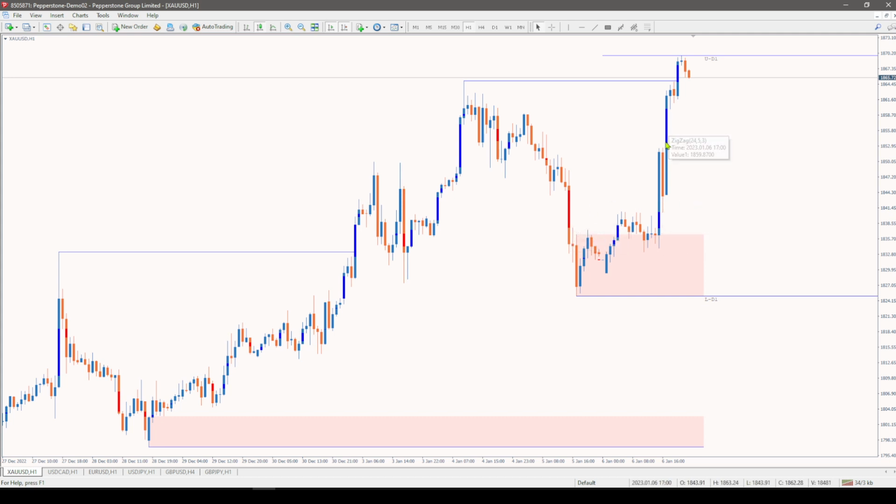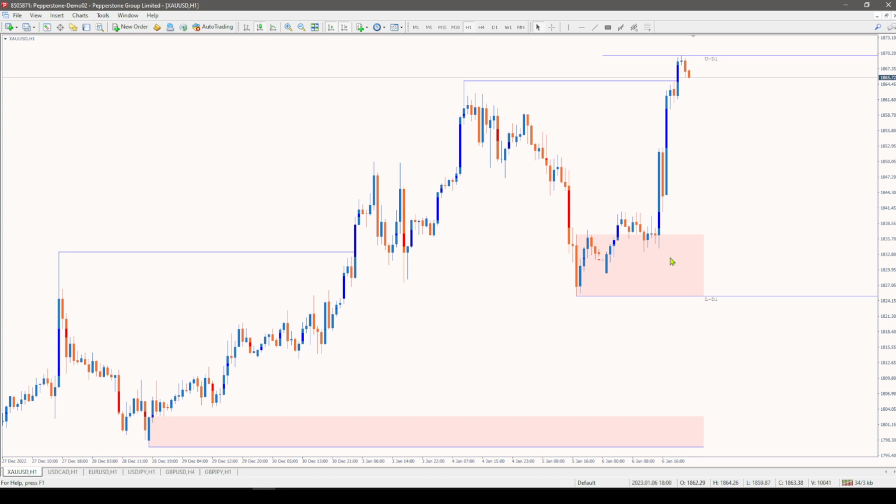This is the imbalance color, and you can change this color for bullish and bearish. By default, blue is for a bullish candle and red for a bearish candle. So right now we can see two order blocks.